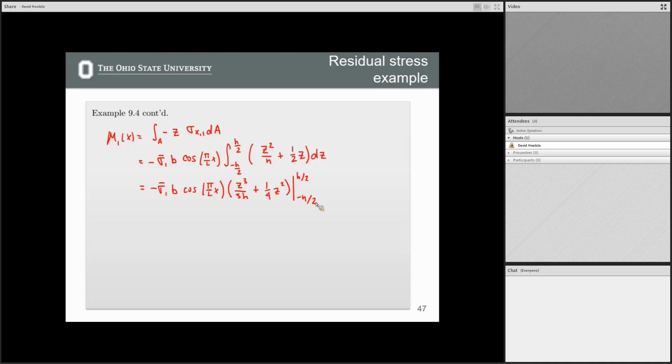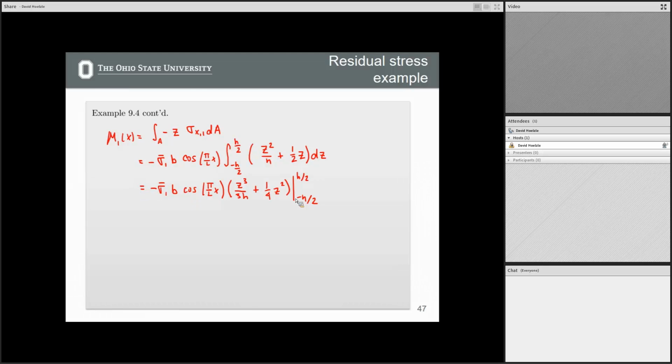Okay. All right. So when we evaluate this at the two limits of integration, the z squared term is going to go away. That's because we're putting in an h over 2 and a negative h over 2. If you square that, you get exactly the same thing. You subtract the two. This term is not going to go away because this is equal to a third, so the negative sign is going to matter.